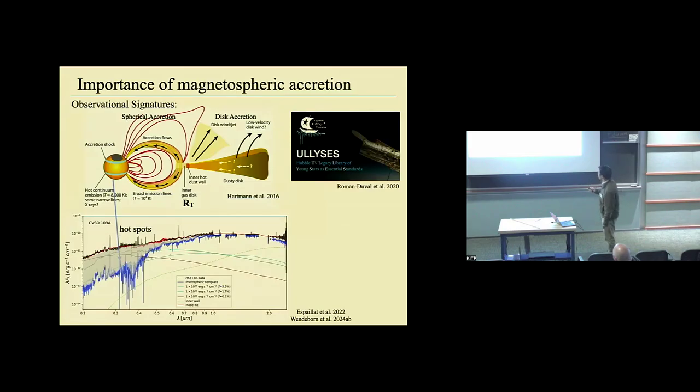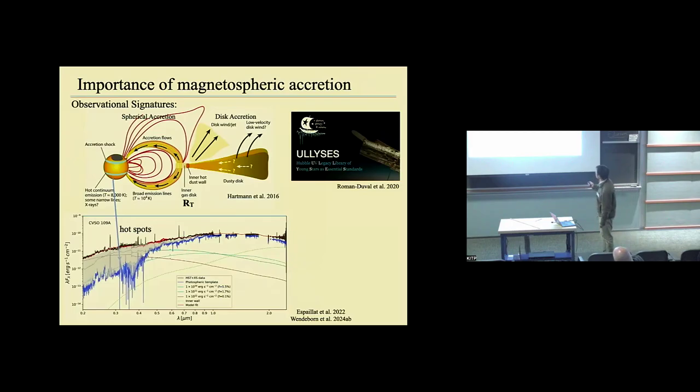And this excess emission from above the stellar photosphere actually comes from hotspots at the surface of the star due to the inflow. The Hubble Space Telescope spent 400 orbits and observed 71 young stars in the ULLYSES program. So we have a lot of observations on magnetospheric accretion.